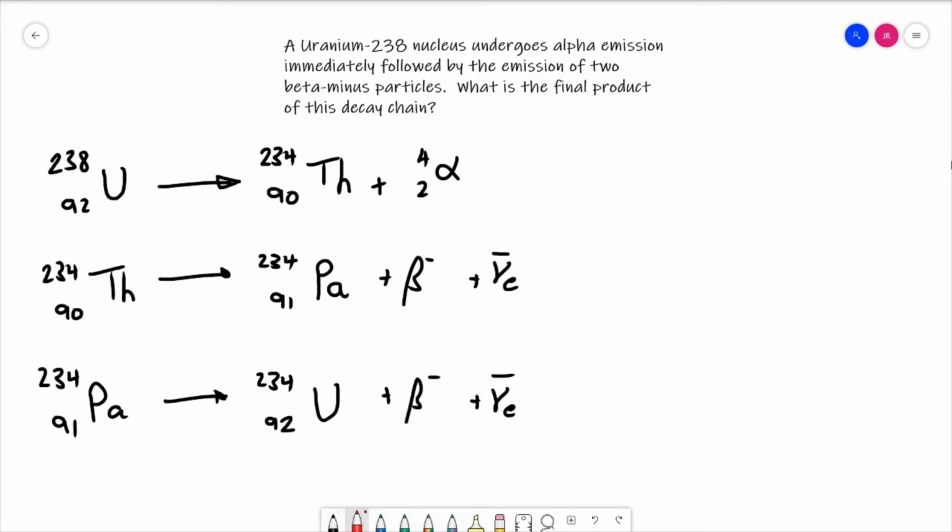So the final product of this decay chain is uranium 234. Now in nature that's actually quite a common decay chain. Uranium 238 decaying by an alpha and a couple of beta minuses, it still ends up as uranium, just a different isotope of uranium.